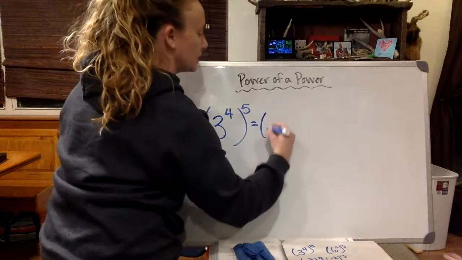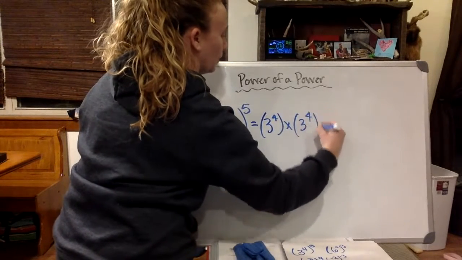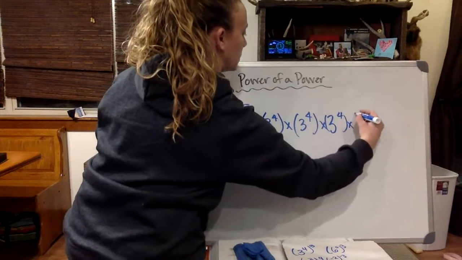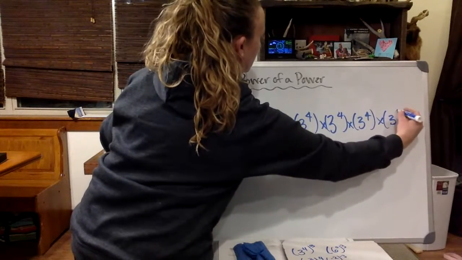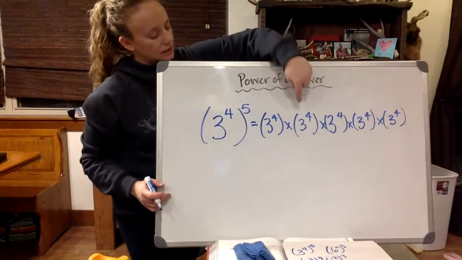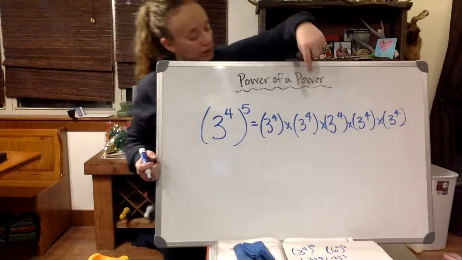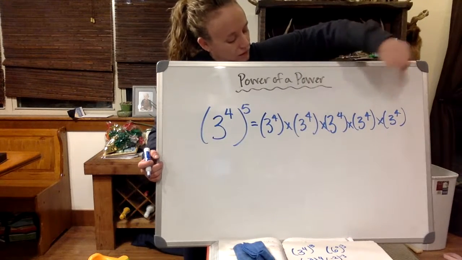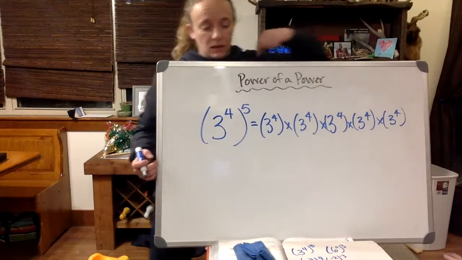So I would rewrite this as 3 to the fourth times 3 to the fourth times 3 to the fourth times 3 to the fourth, and one more time times 3 to the fourth. Just like last time, this is building on the previous exponent property that we did. 3 to the fourth, 3 to the fourth, 3 to the fourth, all of those threes are the same base. Therefore, I can add my exponents.